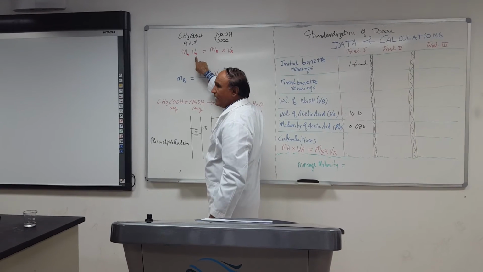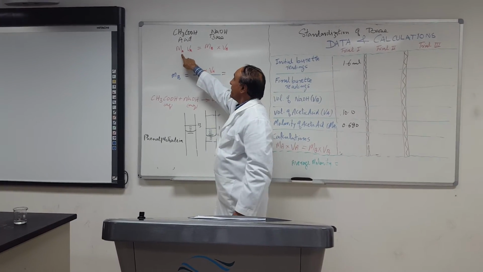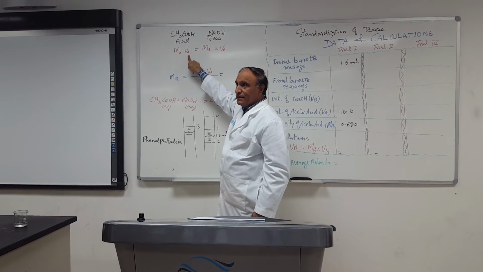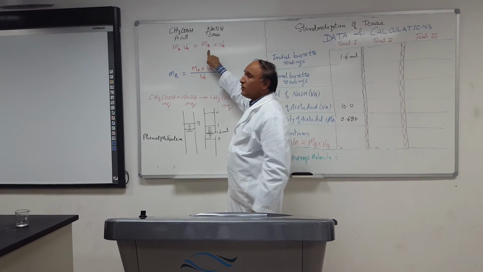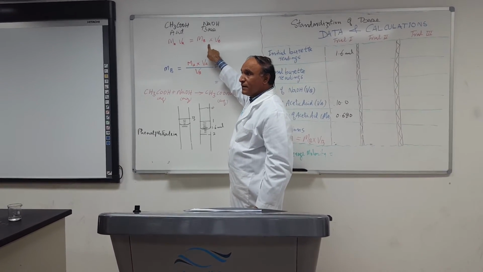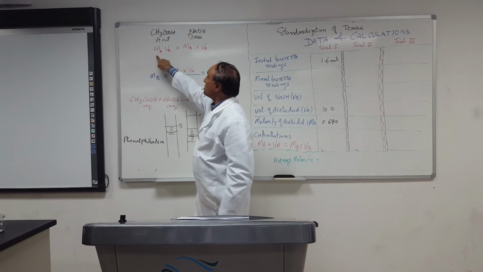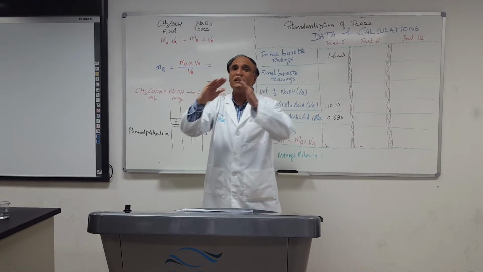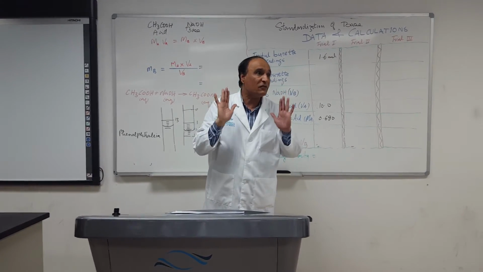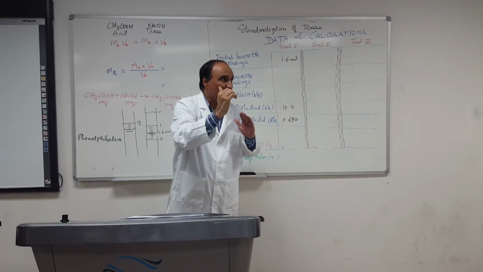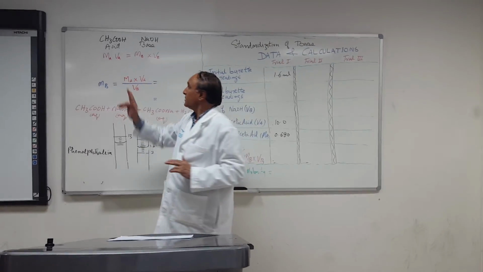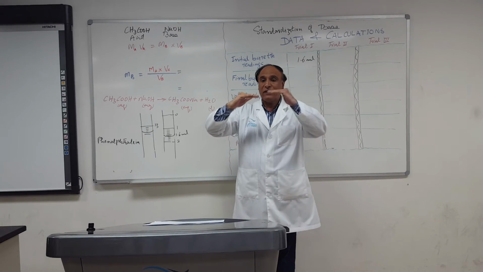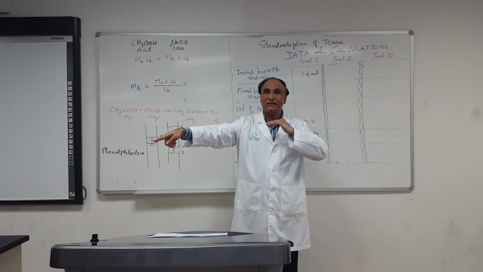Ma times Va, molarity of the acid times volume of the acid, equals molarity of the base times volume of the base. Molarity times volume is equal to mole. So this mole is equal to this mole. When will it be equal? When the indicator will tell us.